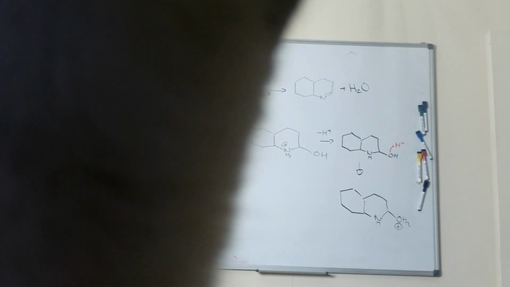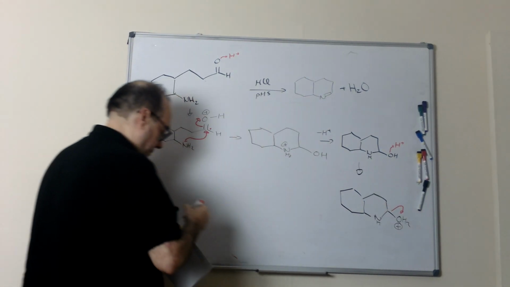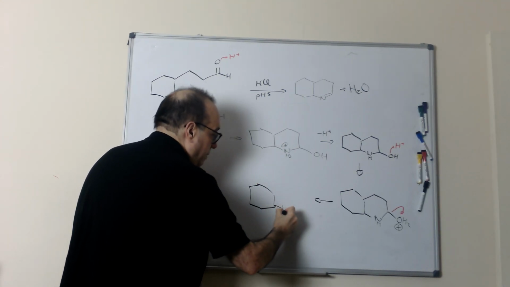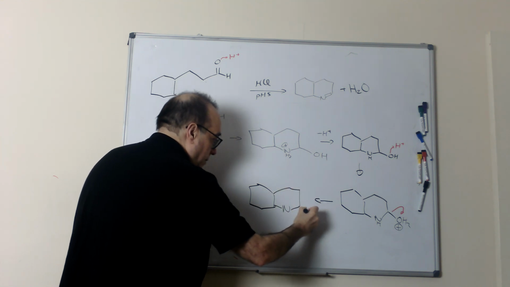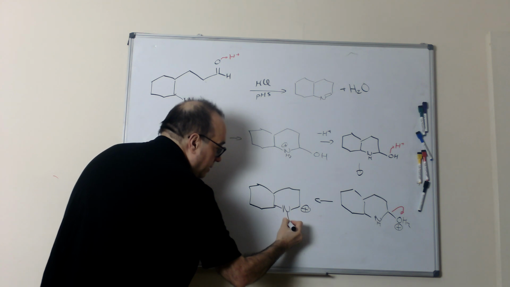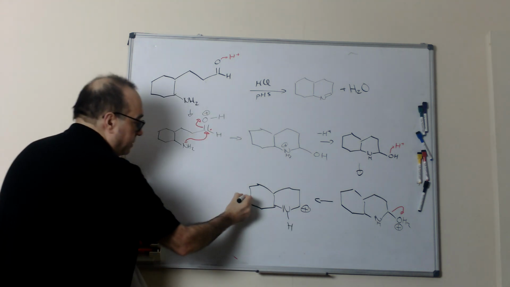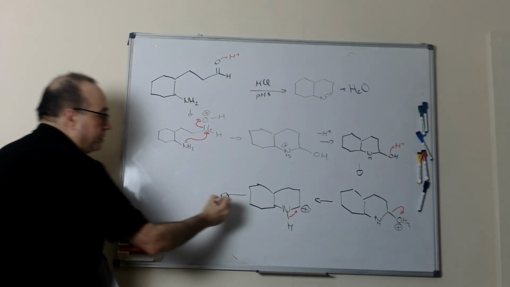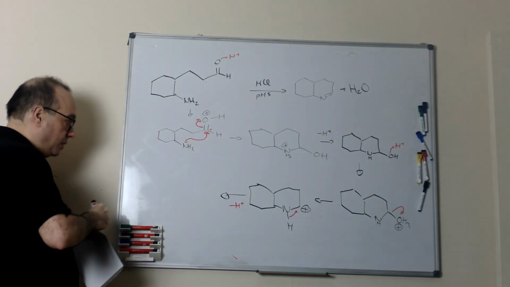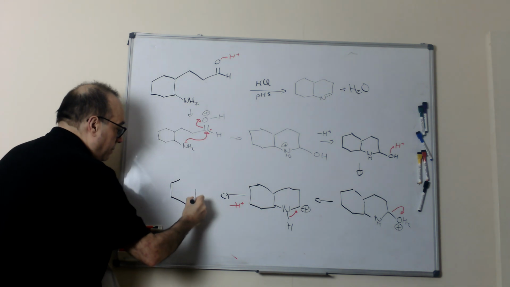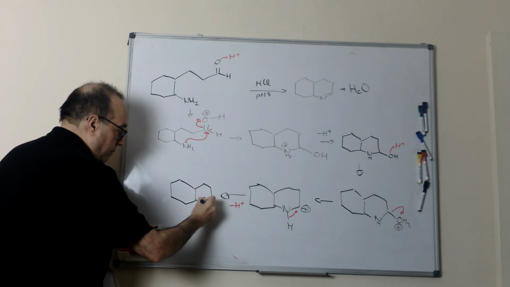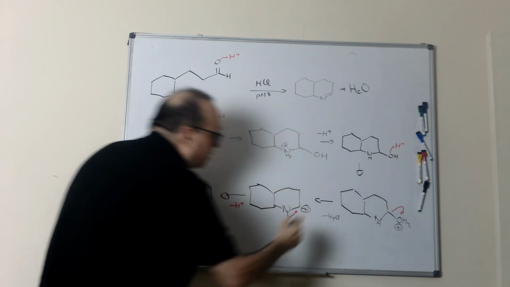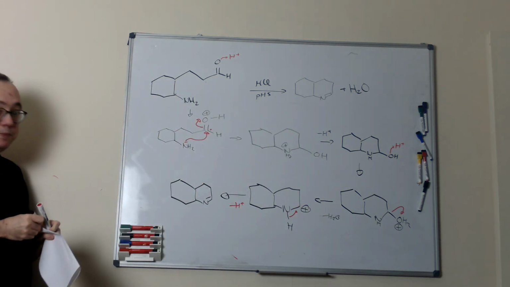and now the leaving group is departing, and we get this carbocation, that after elimination of the hydrogen, we get the imine and the water that we lost in the last step.